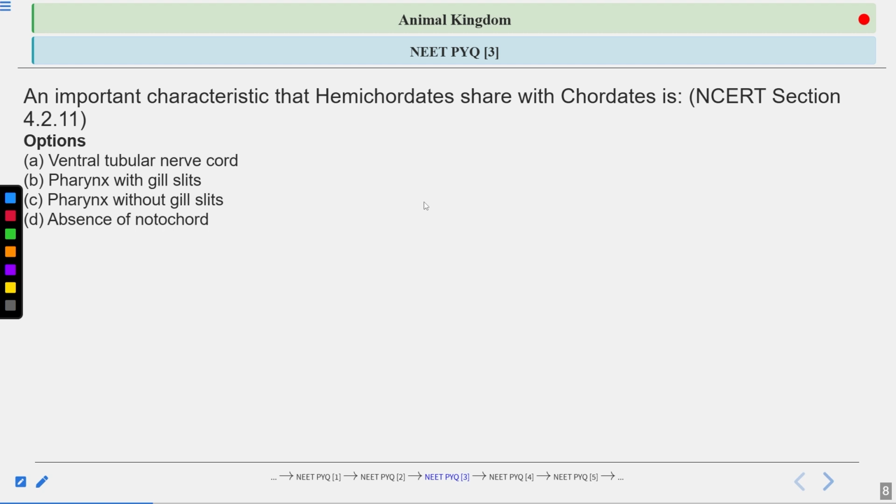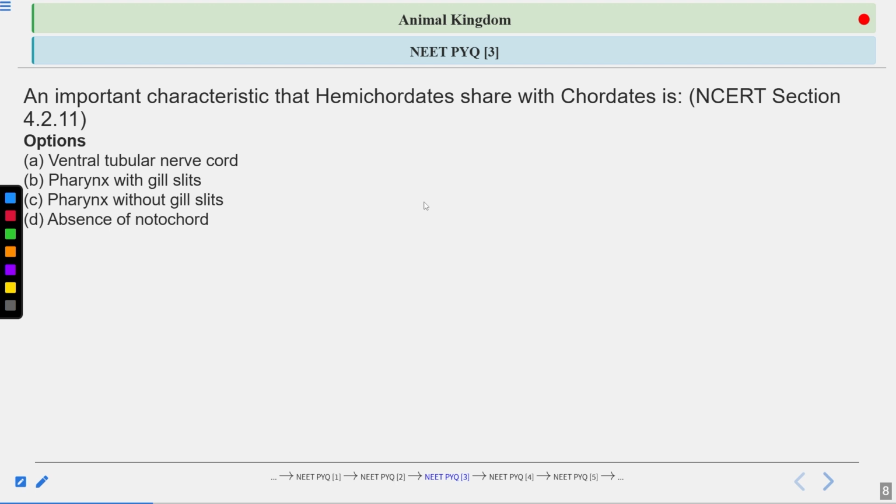So hemichordates, they are the non-chordates, right? And chordates are very different. You all know the different features of the chordates, right? So they are having absence of this. The four different options are here.